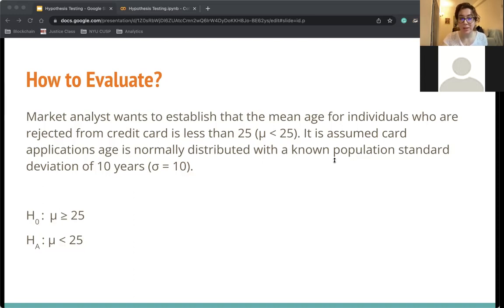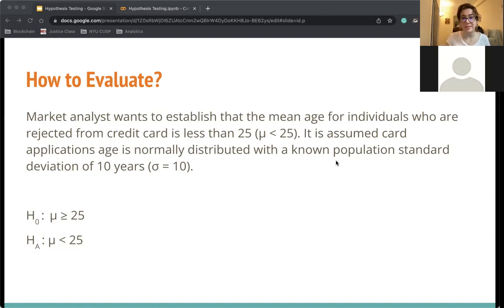These would be our null and alternative hypotheses. The default is that the average age of individuals who get rejected is the opposite of what we're trying to prove. Hey, there isn't necessarily a significant difference for anyone who's less than this age. We're just saying that the mean value would be expected to be over 25.